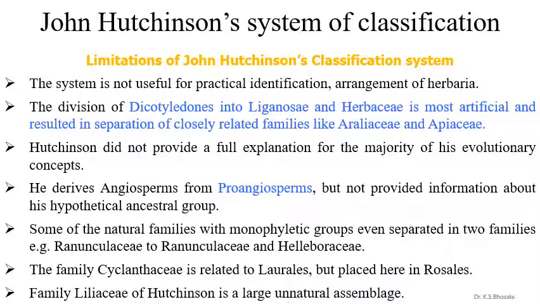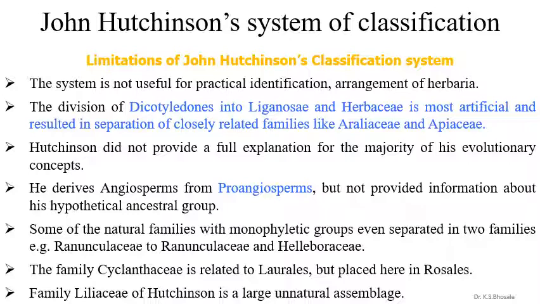Hutchinson did not provide a full explanation for a majority of his evolutionary concepts, which means he considered only 24 evolutionary principles, but he should have considered more than that so that it would have been sounder. Because of only 24 principles, this system does not find agreement with the present view.